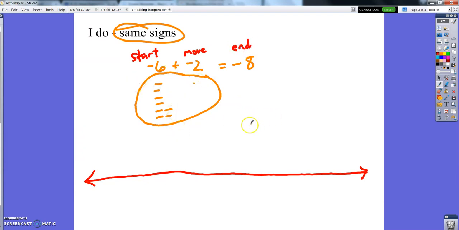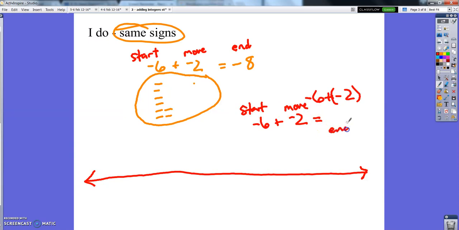So if I want to find what is -6 plus -2, remember what I taught you yesterday about signs. Notice I offset my sign there, otherwise it looks kind of strange. You either need parentheses to offset it or put it up high. So I'm going to start, then I'm going to move, and wherever I finish, or where I end, is going to be my answer.